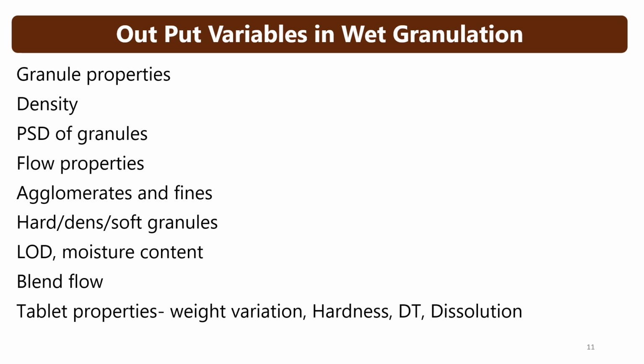If fluid uptake is higher, that time there are chances of lump formation and the granules will be more. Then hard, dense or soft granules. So these are dependent on the fluid uptake, granulation time and the binder viscosity. If you use high viscosity binder, then there are chances that you get hard granules.